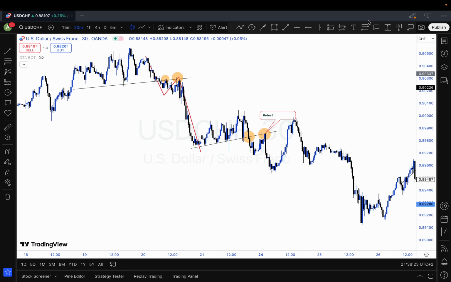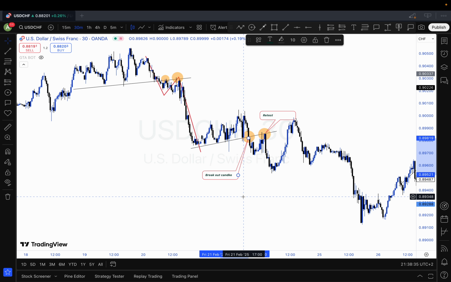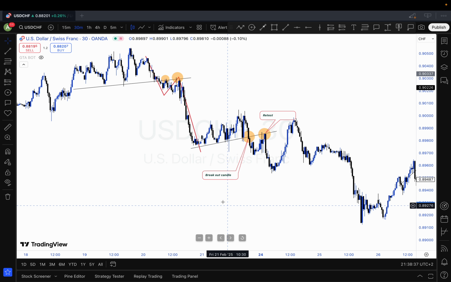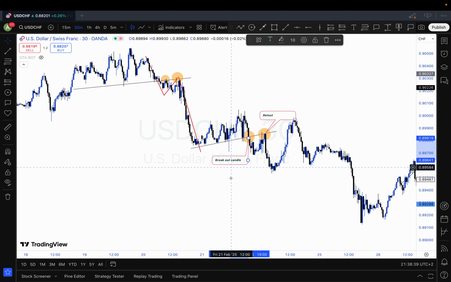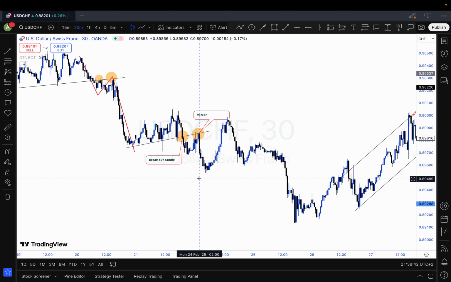We have a retest, and we have the breakout candle over here, which is very, very nice.